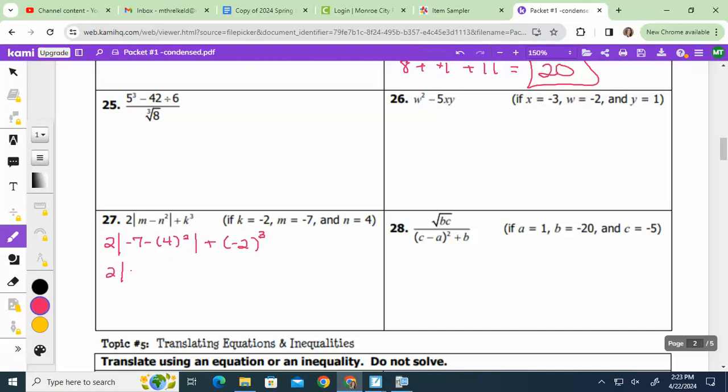Okay, so we have negative 7 minus 4 squared would give me 16. And what is negative 2 to the 3rd?